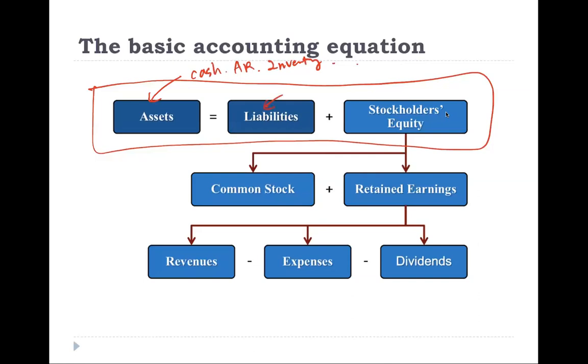And within liabilities, we may have accounts payable, notes payable, salary payable, and so on, some other liability accounts. Stockholders' equity: two of the major stockholders' equity accounts are common stock and retained earnings. And retained earnings is increased by revenue, decreased by expense, and decreased by dividend. So this summarizes the accounting equation.